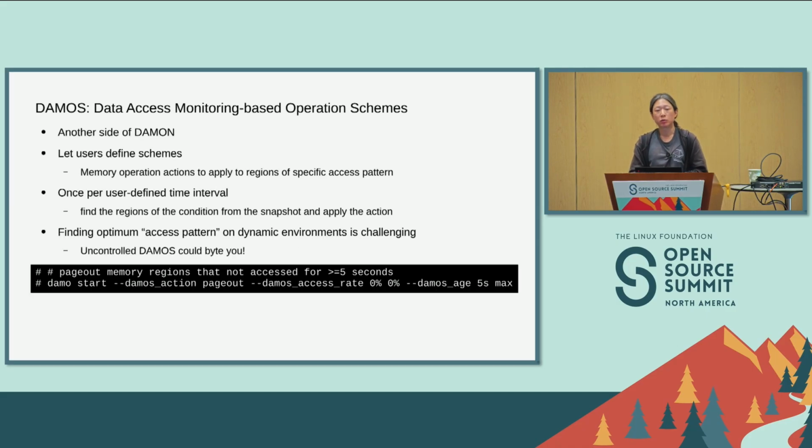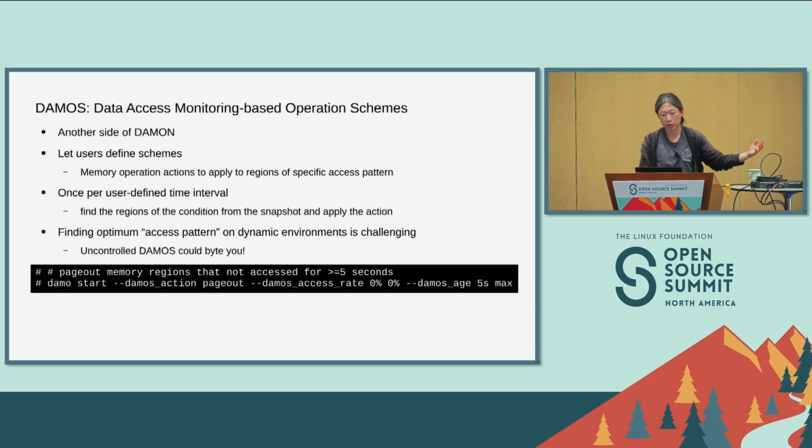We have expanded DAMON with a new feature called Data Access Monitoring-Based Operation Schemes, or DAMOS in short. This is actually the other half of DAMON now. It allows users to define system operation schemes based on access pattern. Users can specify what access pattern of regions they have interest in and what memory management actions, such as reclaiming those, or keeping them in DRAM, or using huge pages, or migrating to a faster NUMA node or to a slower NUMA node.